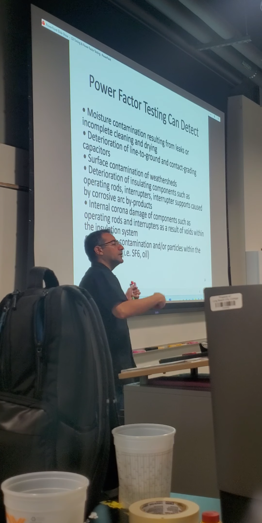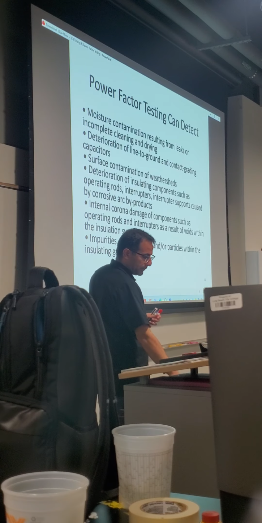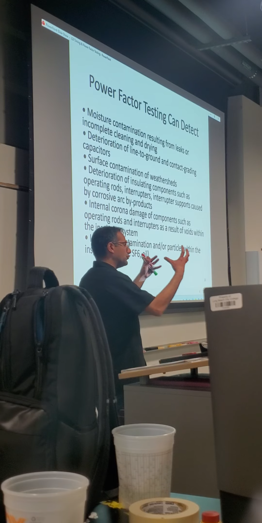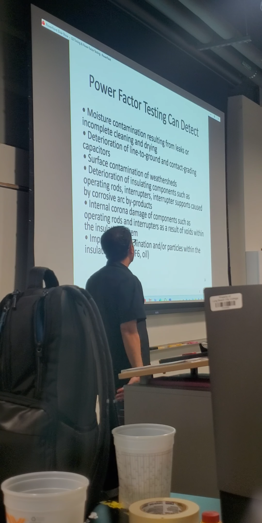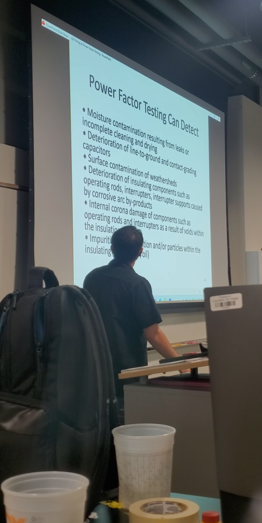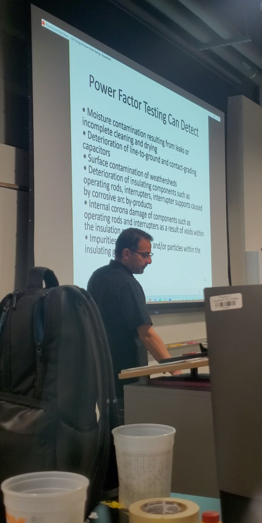If it's humid, if it's foggy, it's gonna impact the results because water is conductive, and you may have some impurities, contamination, or particles within the insulating gas, what you have inside the bushings of the breaker or inside the tank of the gas breaker or oil breaker. So it's gonna detect everything.